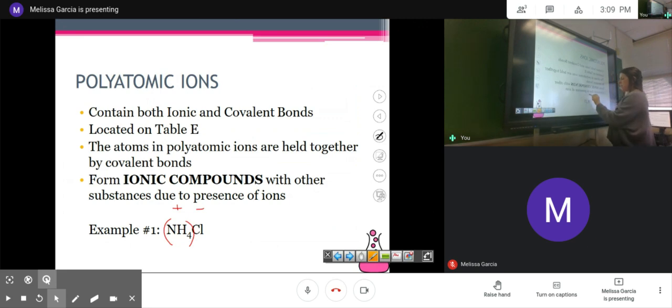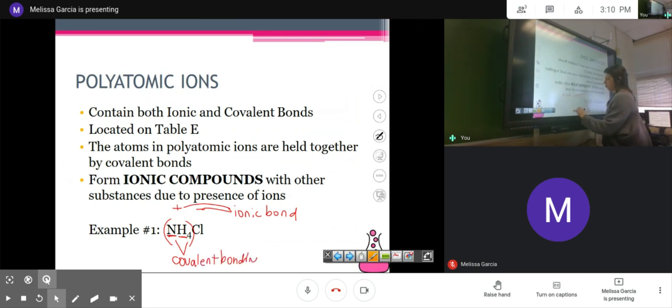So the attraction between my positive and negative, and I'm just going to write that over here, that's an ionic bond. But in the actual NH4, if I look at the NH4, nitrogen's a nonmetal and hydrogen's a nonmetal. So what holds together the nitrogen and hydrogen in the polyatomic ion is covalent bonding. And so again, the attraction between this positive and negative ion, that's an ionic bond.